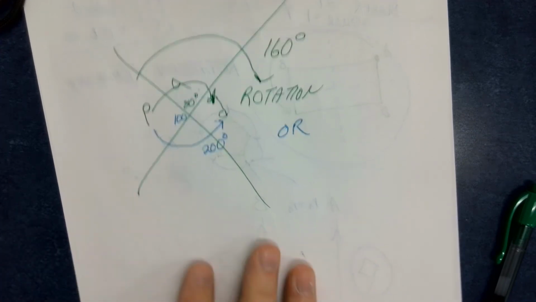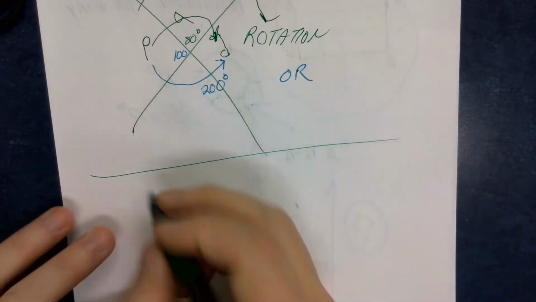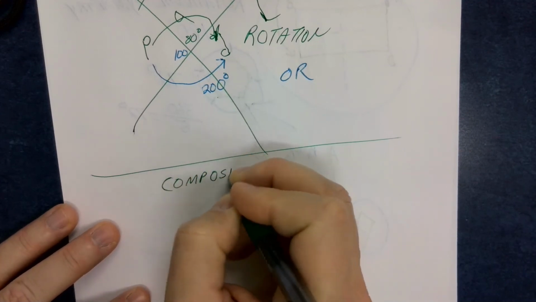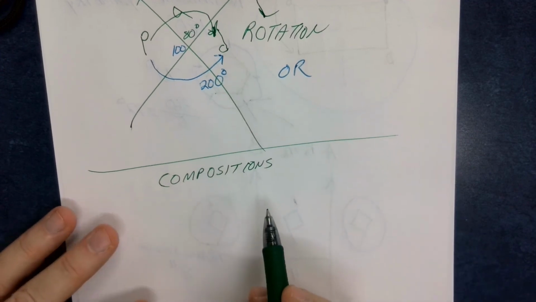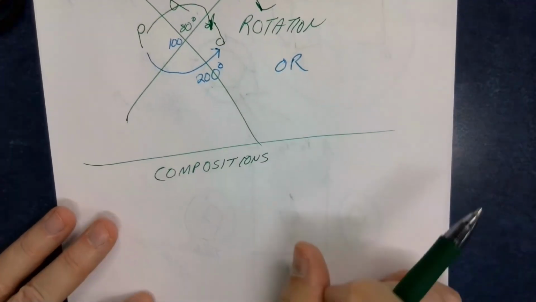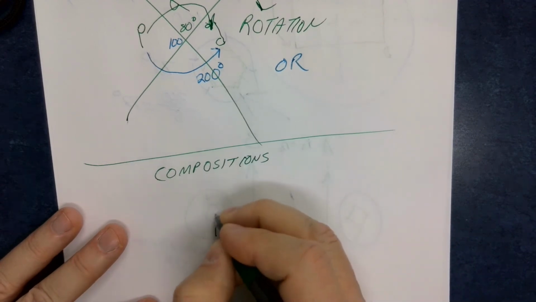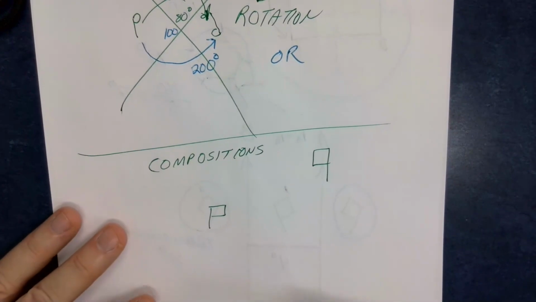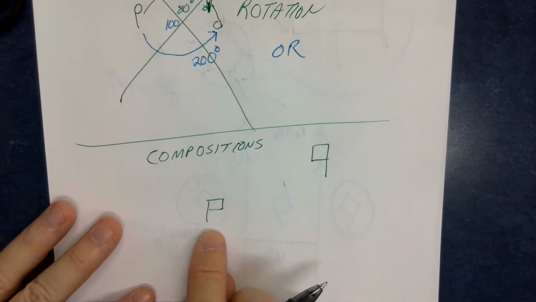Good deal? And then we, in both classes, played around a lot with compositions, which meant multiple transformations going on, right? So that if I went here, and then I went here, this one actually is two things, or three things maybe.